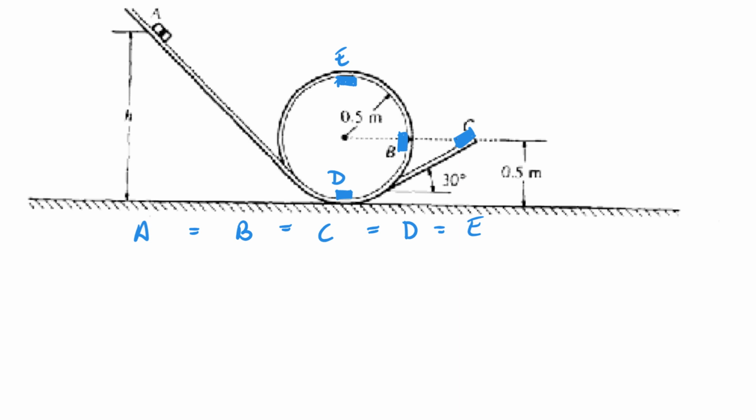But let's consider at A, which is here, what kind of energy do we have? Gravitational potential. I will remind you quite nicely that there's 3 kinds of energy that we've talked about so far this year. There's gravitational potential, there's kinetic, excellent, and then there's elastic.